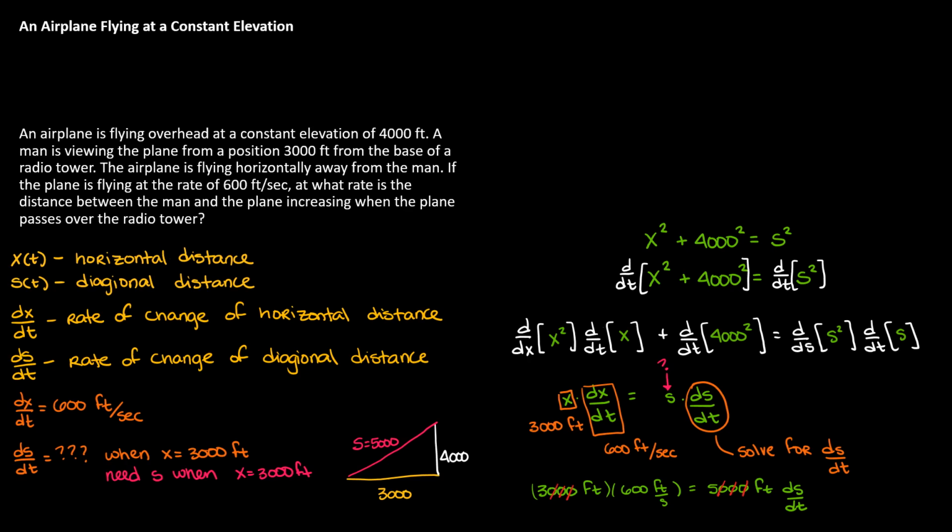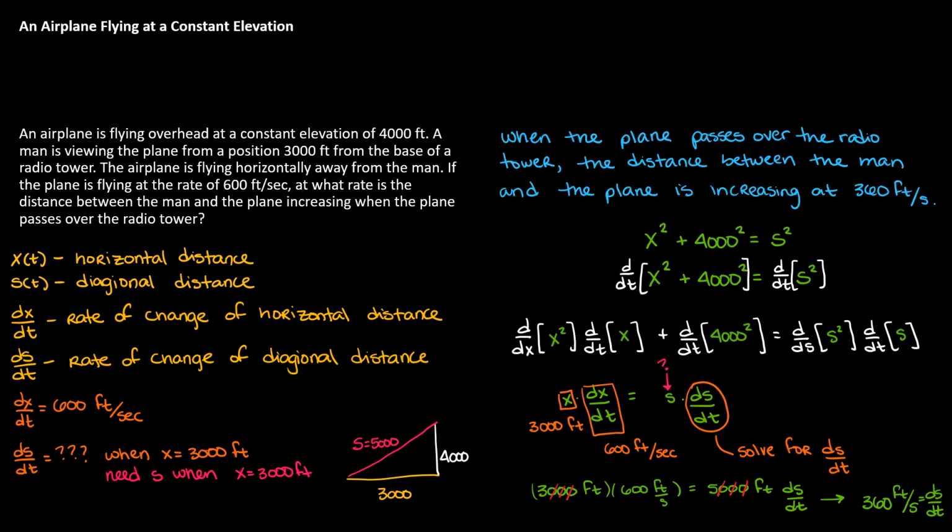On the right-hand side, we have 5 feet. If we divide both sides by that 5 feet, we're left with 360 feet per second. So the rate of change for this diagonal distance when the plane passes over the radio tower is 360 feet per second.